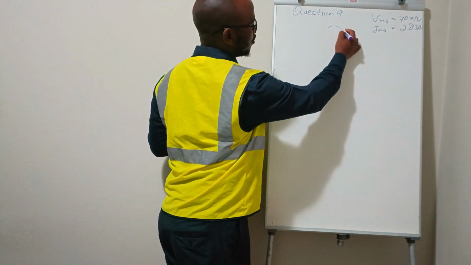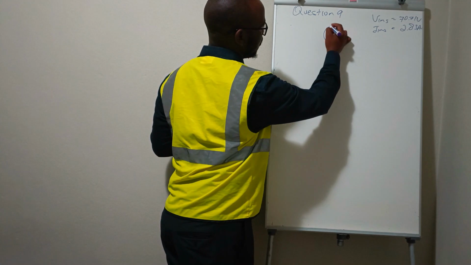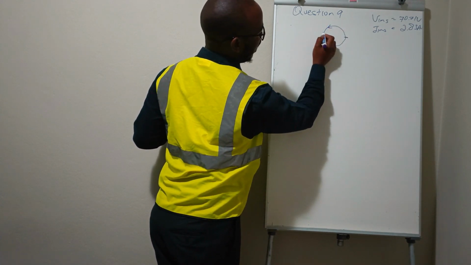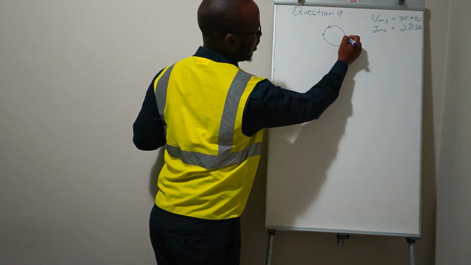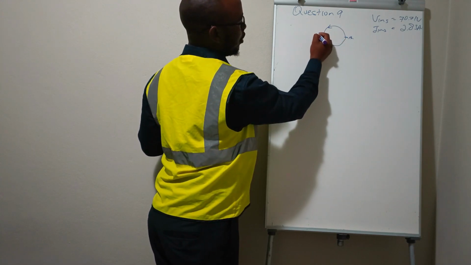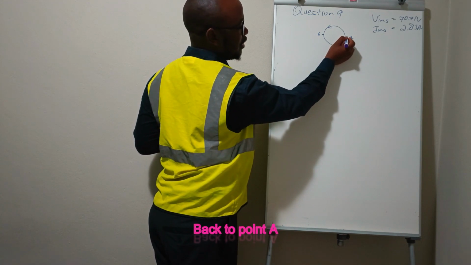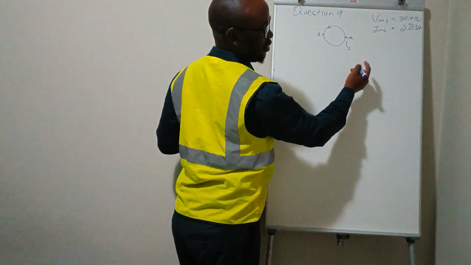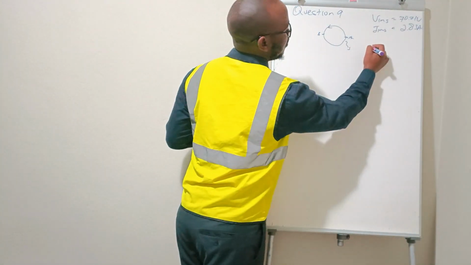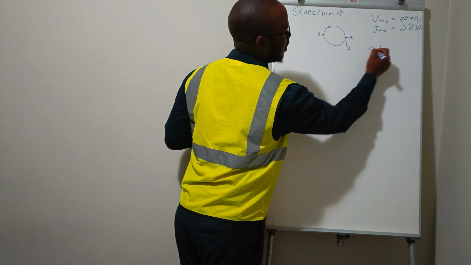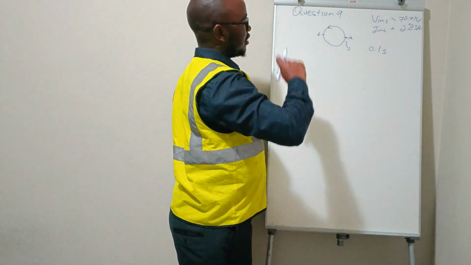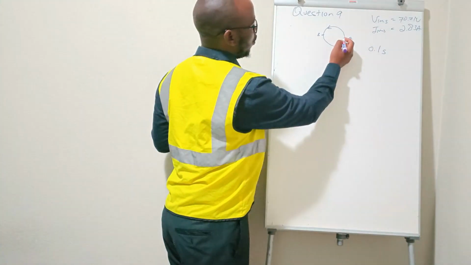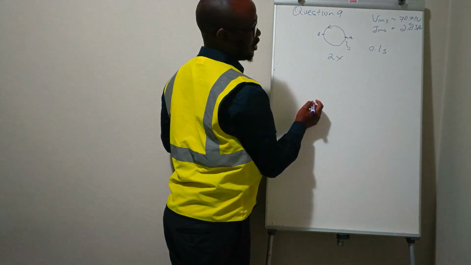So if it was rotating this way, anti-clockwise, and let's say it started lying like this, point A, point B. If it was rotating from point A back to point A, and it took, like we saw on the previous graph, 0.1 seconds to make a full cycle, what is going to happen now that we are saying 2 times the speed?